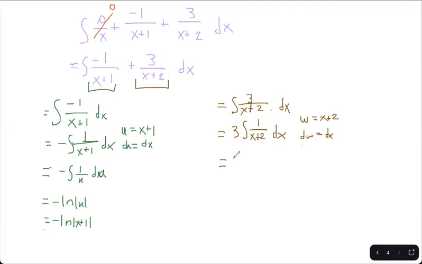And if you were to rewrite it, this is equal to the integral of 1 over w dw. So this is 3 ln w, which is 3 ln x plus 2.